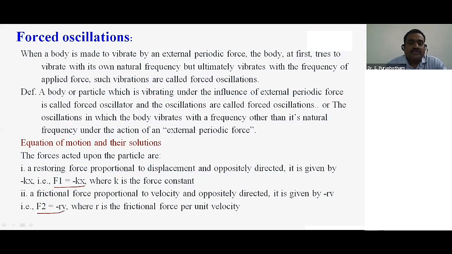Here small r is the frictional force per unit velocity, or frictional force constant. In general F is equal to minus Rv, so small r is equal to frictional force by velocity, force per unit velocity.